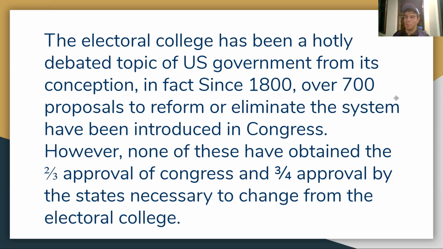You only need 50.1% there. But you have to have like a 3/4 vote from the Senate to make a new amendment to the Constitution. So even though more members of the Senate voted to get rid of the Electoral College than voted to keep it, we still keep it. It wasn't enough of a majority.